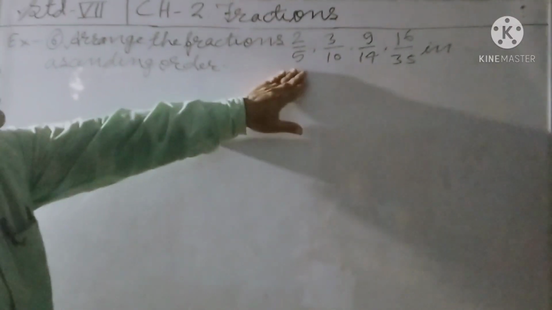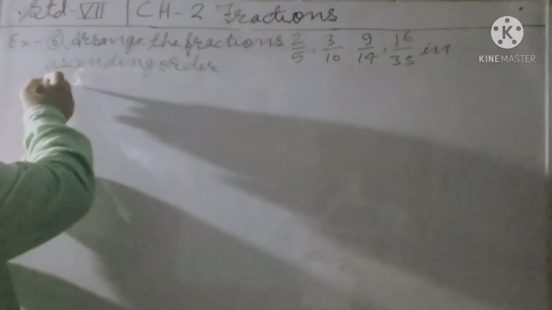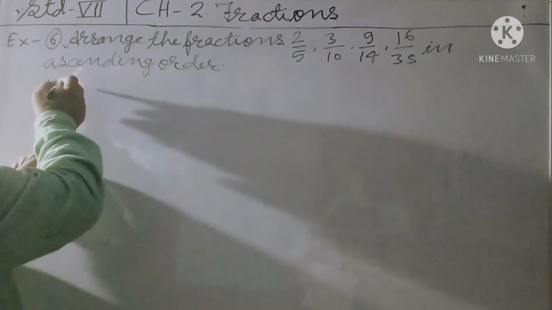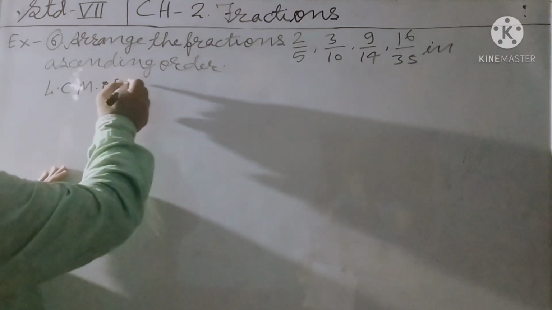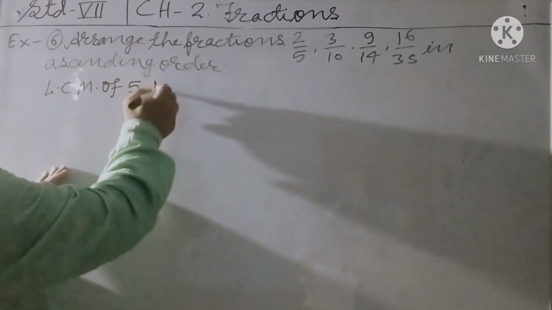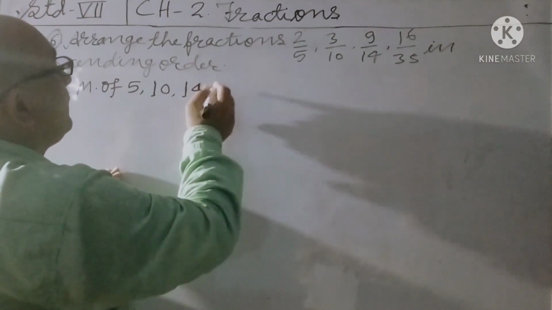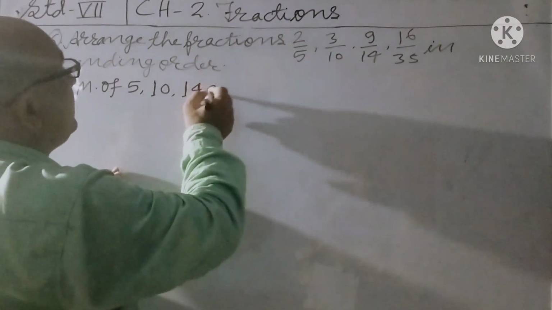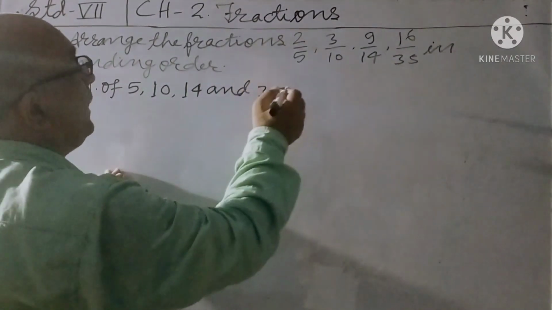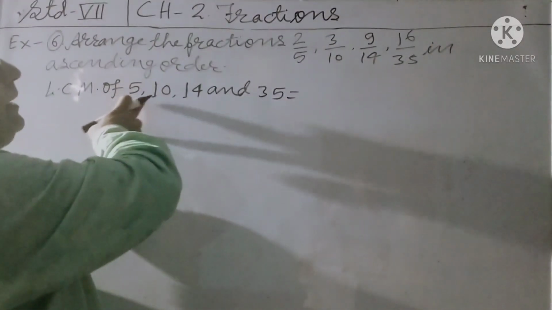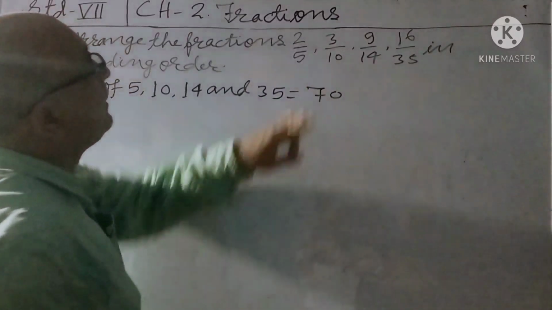First of all, we have to find the LCM of 5, 10, 14 and 35. LCM of 5, 10, 14 and 35 equal to 70.